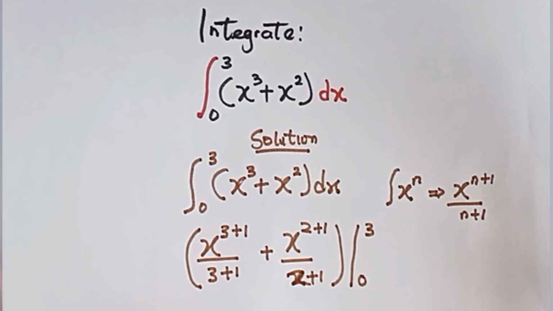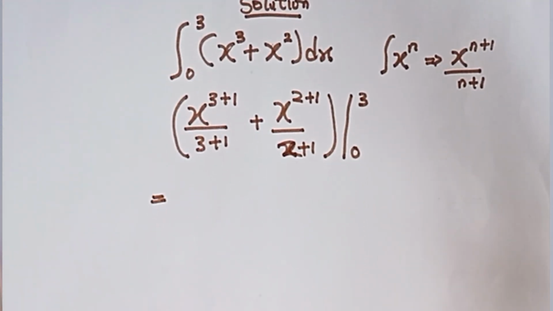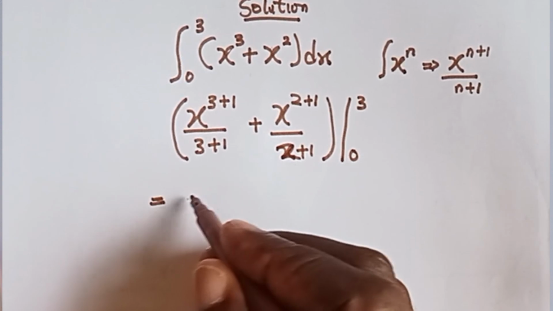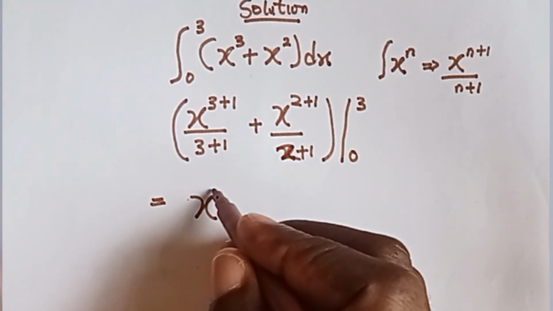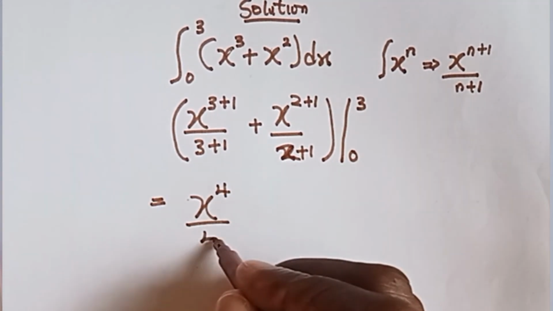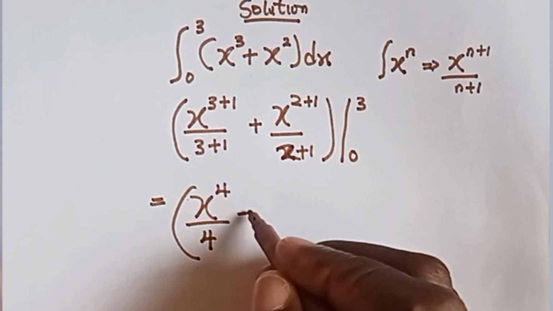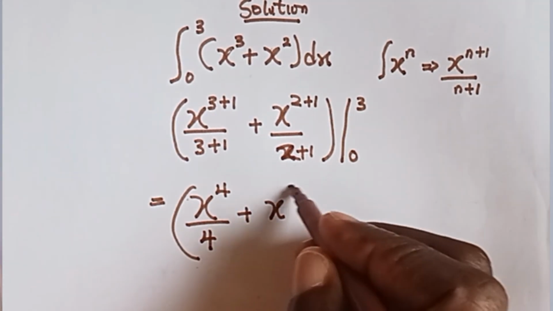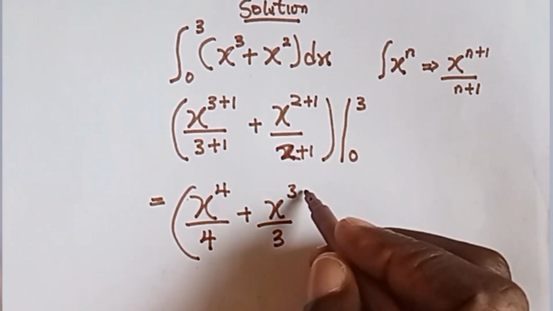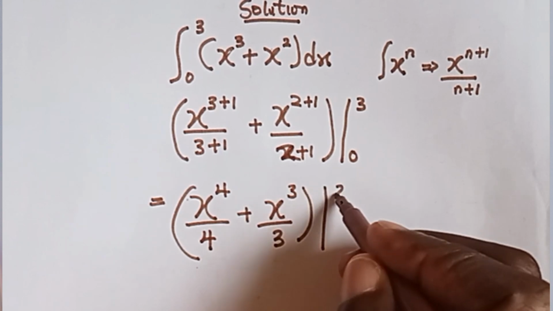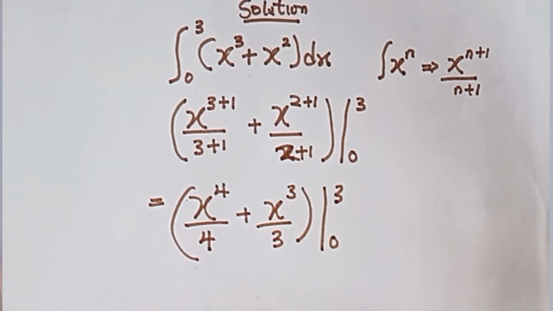So we have x⁴ over 4 plus x³ over 3, then 3 and 0.